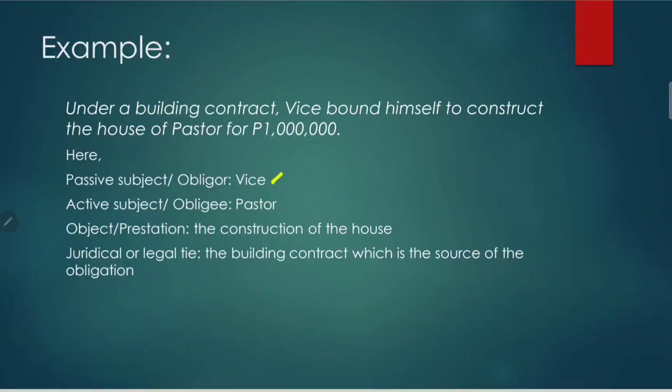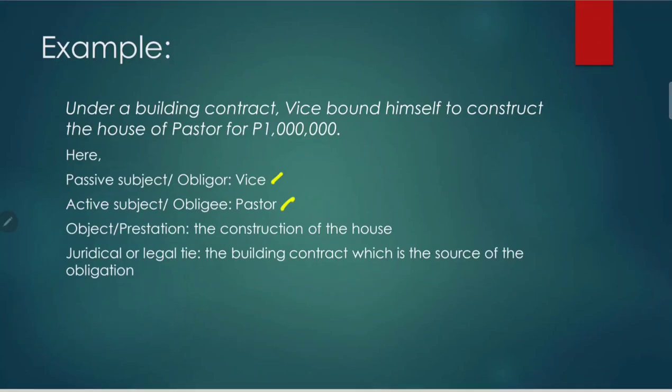Active subject or obligee, or otherwise known as creditor, is Pastor. Bakit? Kasi siya yung may right to demand the fulfillment of the obligation. Siya yung magdademand kay Vice, who bound himself to construct the house.